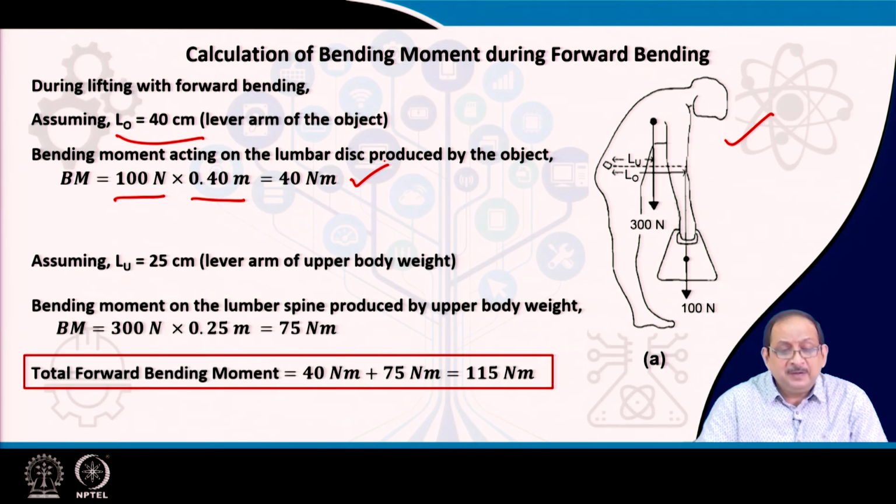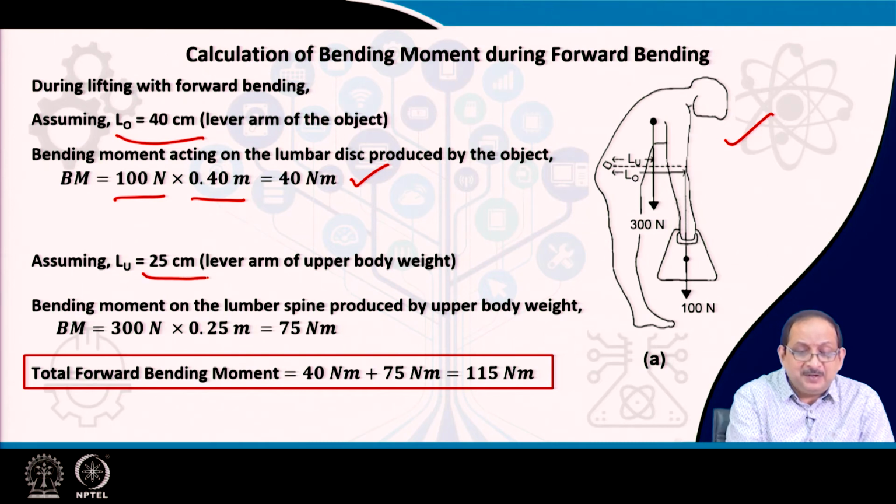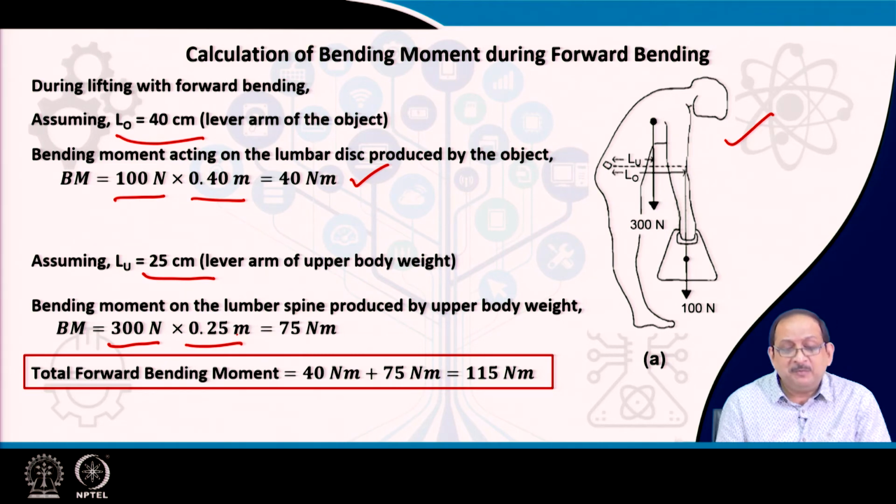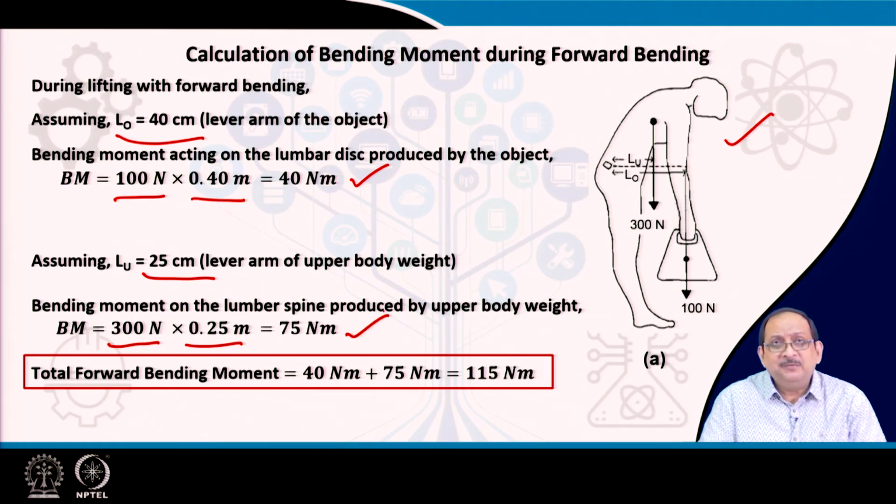Assuming LU, or the lever arm of the upper part of the body, as 25 centimeter, the bending moment on the lumbar spine produced by the upper part of the body is 300 Newton multiplied by 0.25 meters, which gives a bending moment of 75 Newton meter.